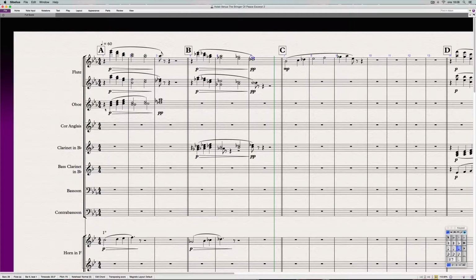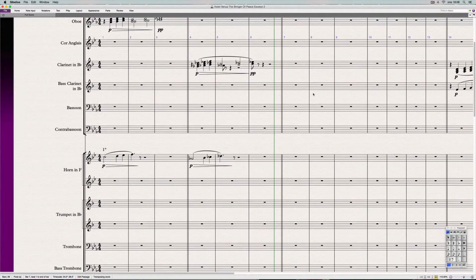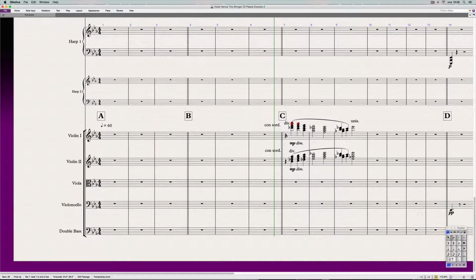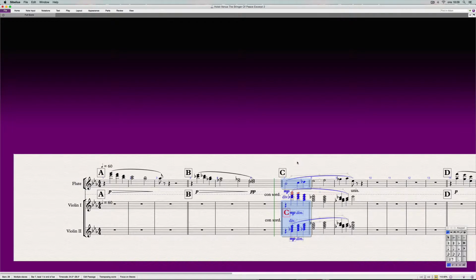So not really that much more to say about these two. But here's the one that sticks out a bit. We have the flute playing the bass line / melody, but then we have the strings, violins 1 and 2, playing the counter line really high here.